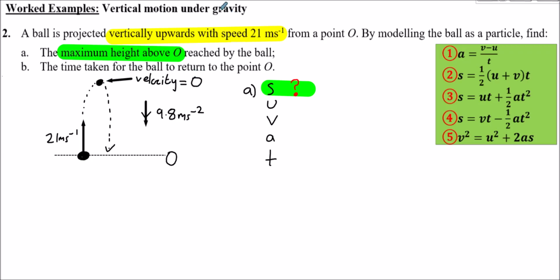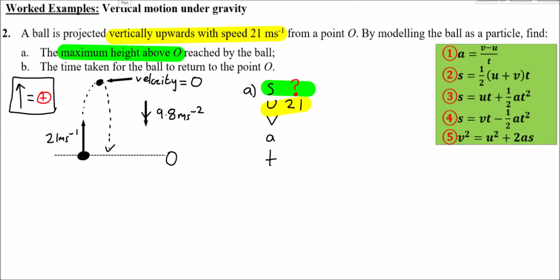We know that the initial velocity is 21 meters per second. And I'm taking up to be positive because I think it's a good idea to take the initial direction of motion as the positive direction. So u is 21. Anyway, v is going to be 0.